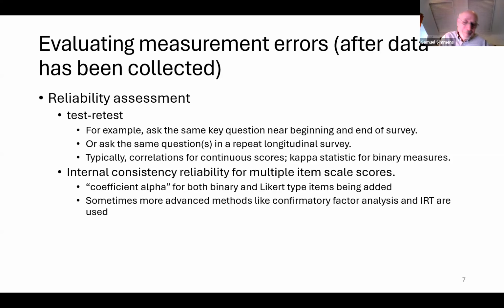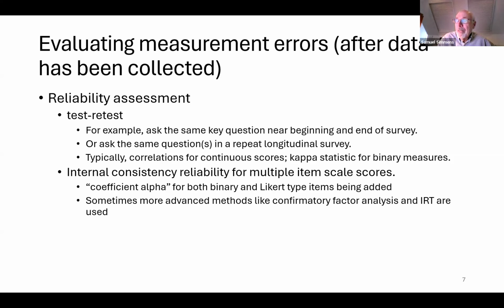You can look at the correlation between the two if it's a continuous variable, or a kappa statistic if it's a binary variable, or some variation on the kappa. Obviously, you can't do that for all the items in a survey. You would do it for items that you consider absolutely essential, absolutely vital to your primary research questions.